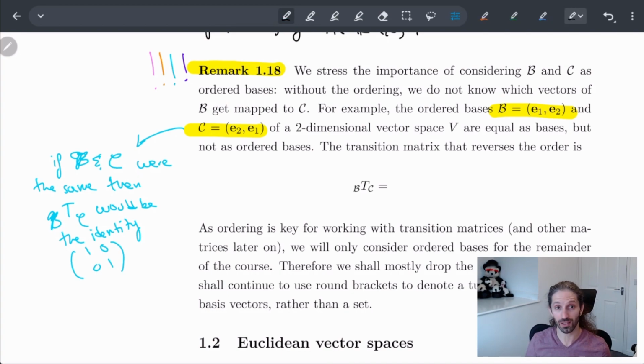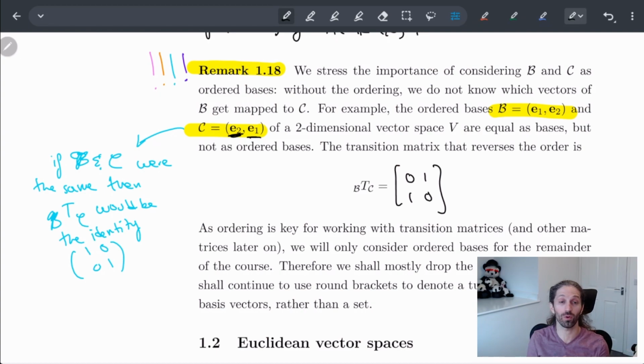If you calculate it, the first vector here is E2, which is 0, 1, and remember, we write these vertically. And E1 gives us 1, 0. So the transition matrix is not an identity matrix. So these two bases are inherently not the same. There's a transition from one to another.